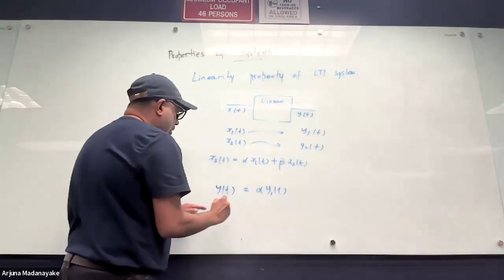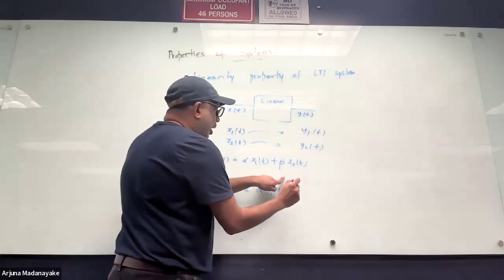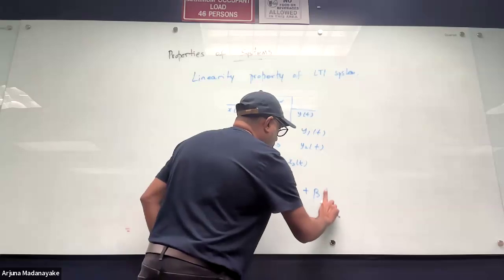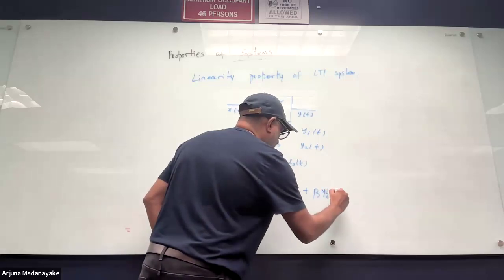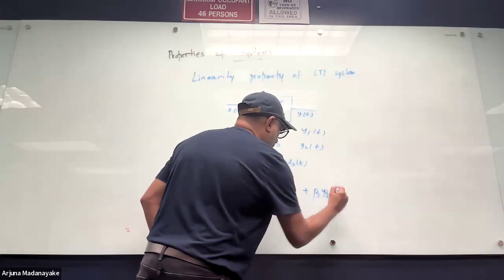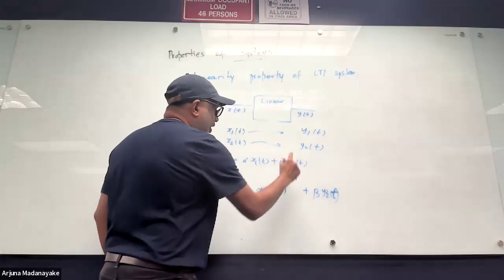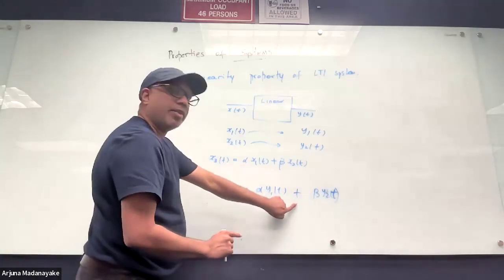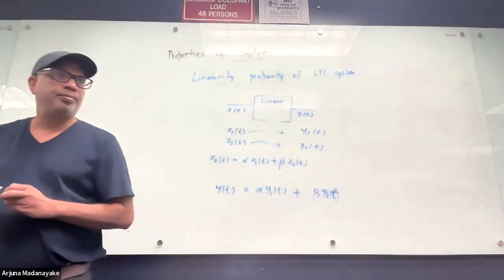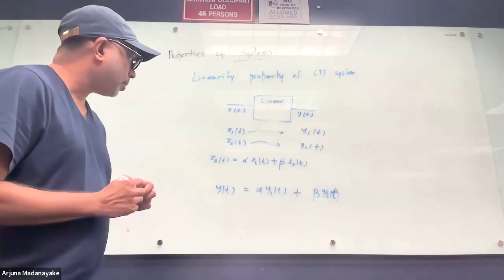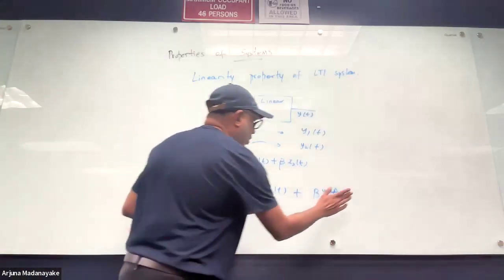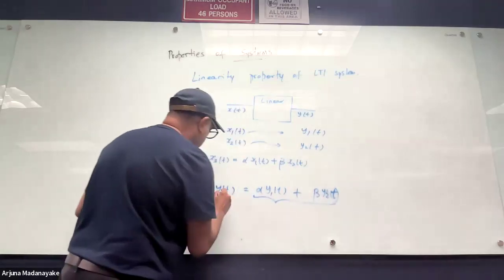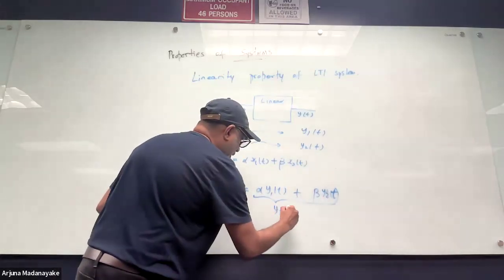And beta times x2 produces beta times y2. And they're additive, so you have the two components. Because we added them over here, we can add them over there. So this whole thing is y3(t).